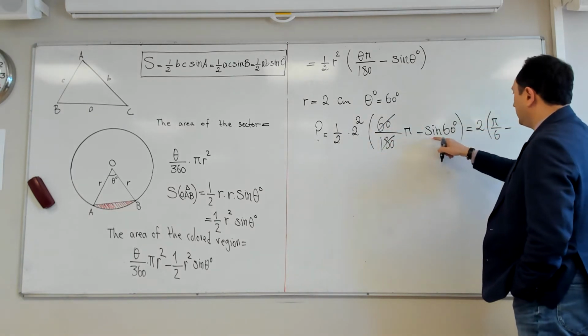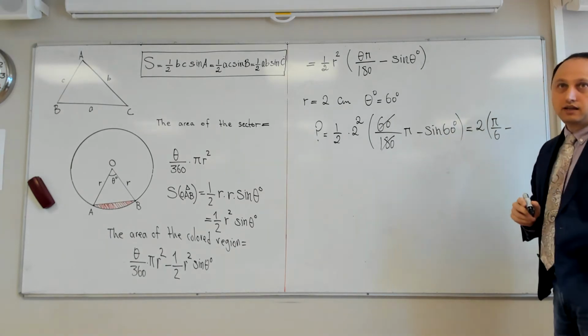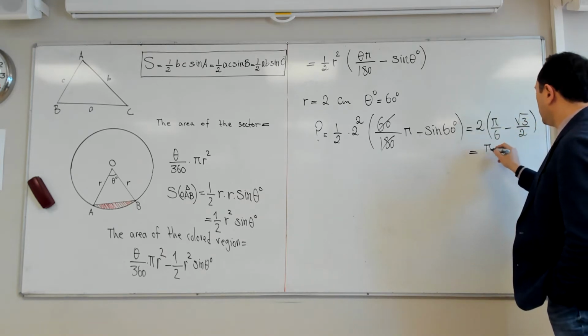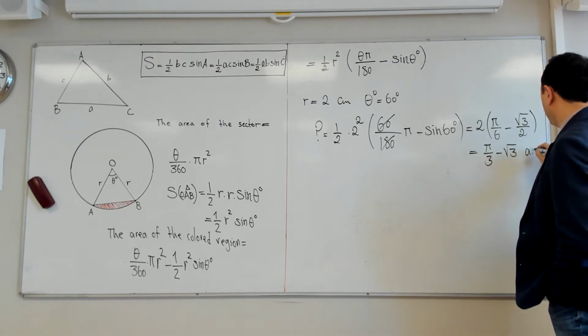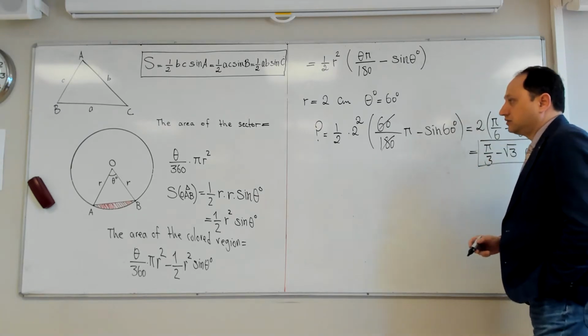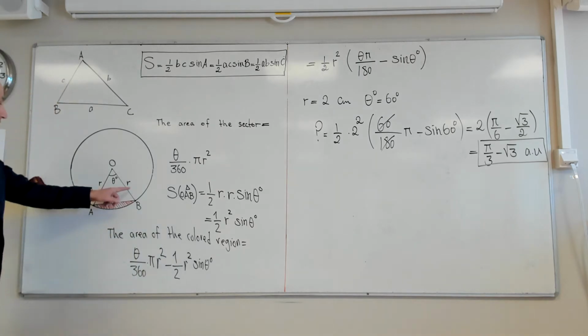And then if you look in the table or use your calculator for calculating sine of 60 degrees, this is this number. And then you multiply 2 inside, so it becomes pi over 3 minus the square root of 3 area units. So that's the exact value of the area of this region if r is 2 centimeters and theta is 60 degrees. Yes, is that understandable?